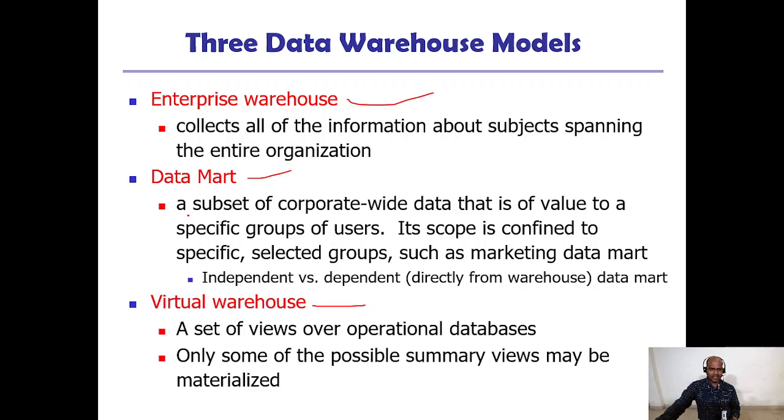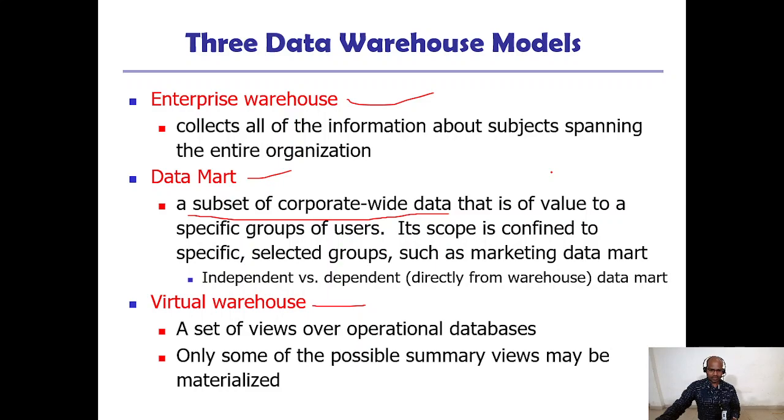Instead, it contains a subset of corporate-wide data that is of value to specific groups of users. Its scope is confined to specific selected groups, such as a marketing mart or a sales data mart. Like that, it is a subset of the entire corporate-wide data.